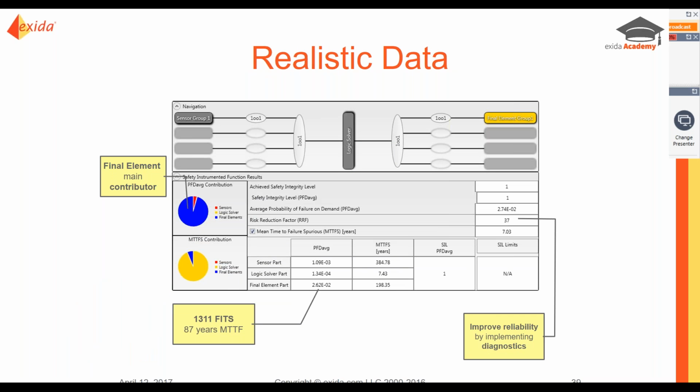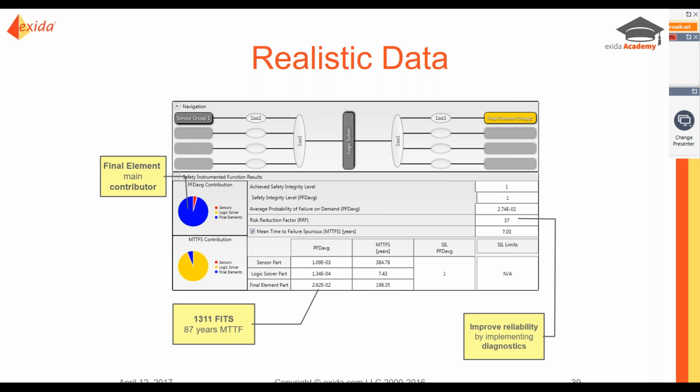So if we then did the same example, but we used more realistic failure rates from silsafedata.com, and we were able to keep everything else the same, the sensor and the logic solver. As you can see in the pie chart, now the final elements are the significant contributor to PFD average, which you can expect.